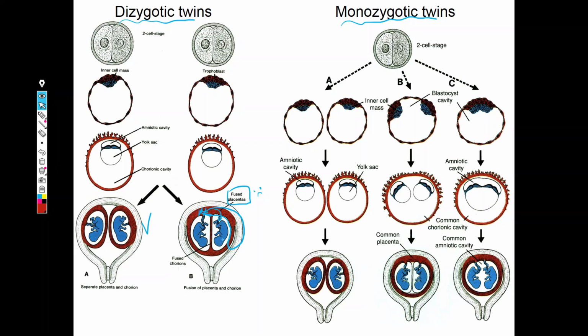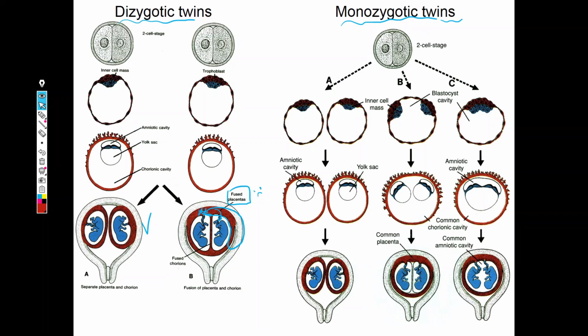Then the next variant, the second variant, is monozygotic twins. It's about fertilization of one egg with one sperm, and it really depends on what stage the separation takes place.